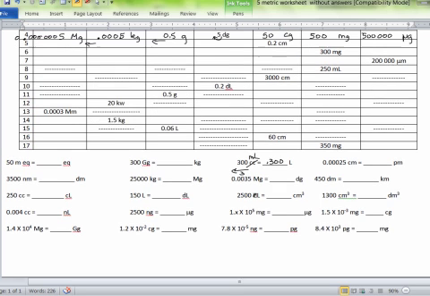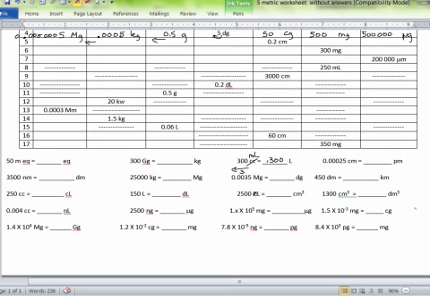Anyway, the rest of these you can give a try. If you want to work with scientific notation, you can, but remember that all of these units will need to be adjusted to either liters or milliliters. I think that's all the ones I see. Okay, hopefully this helps.